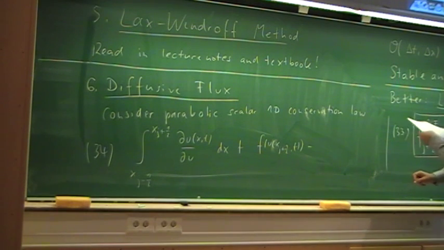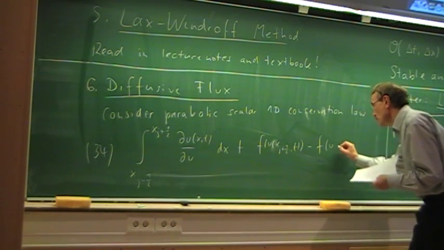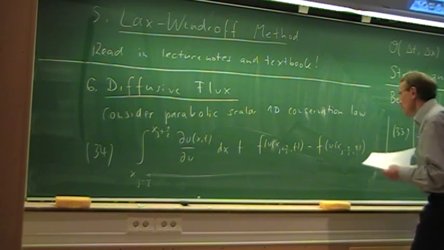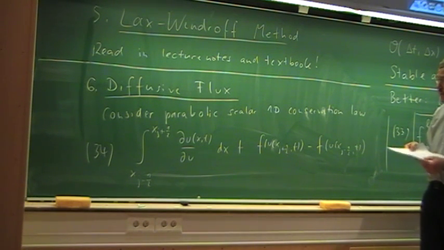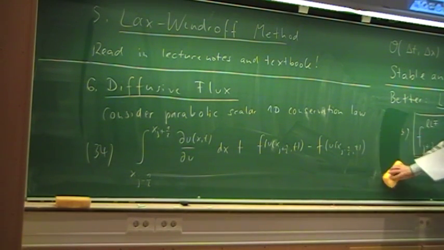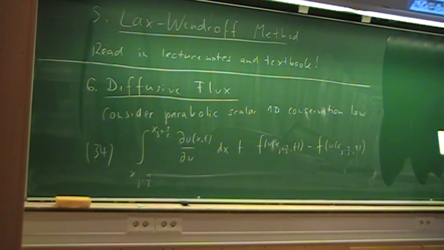So that is the flux at the eastern face minus the flux at the western face, u of x_{j-1/2}, t. So that is what we have been discussing all the time. So these fluxes we have been discussing all the time, how to do this discretization of that. But now we add something on the right-hand side, and that is then describing viscous effects.